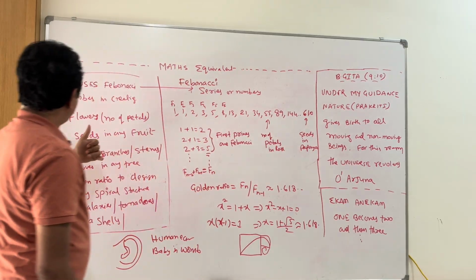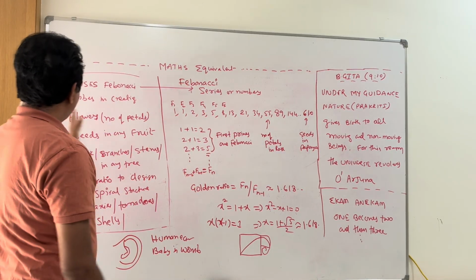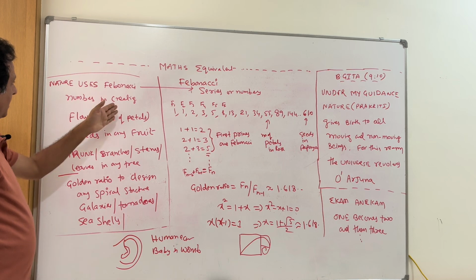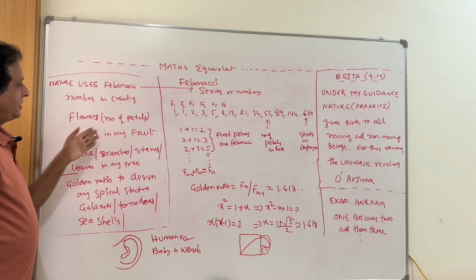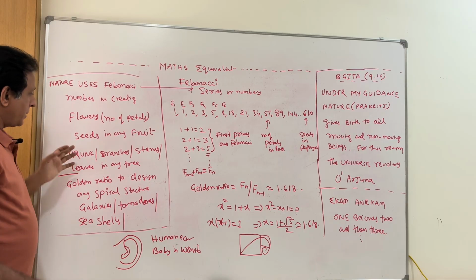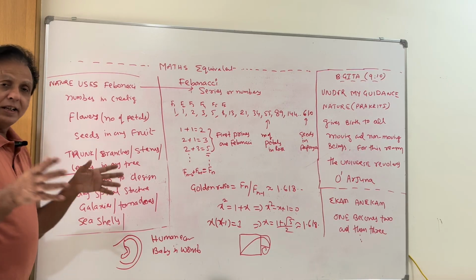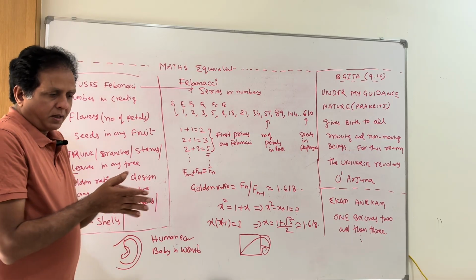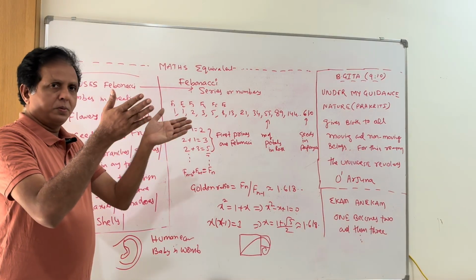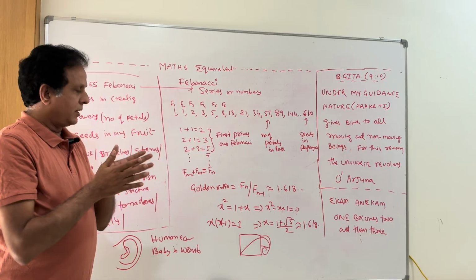And then when I translate it, nature uses Fibonacci numbers in creating flowers. That means the number of petals, seeds in any fruit, trunk, branches, stems, leaves in any tree. If you see any tree, it first becomes one trunk, and then it becomes two, then two becomes three, and so on and so forth.